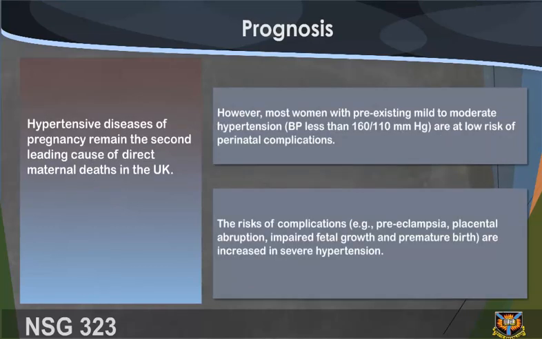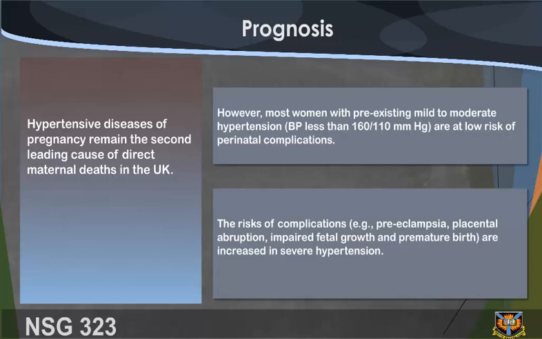Prognosis. Hypertensive diseases of pregnancy remain the second leading cause of direct maternal death in the UK. However, most women with pre-existing mild to moderate hypertension, BP less than 160/110 mmHg, are at low risk of perinatal complications.